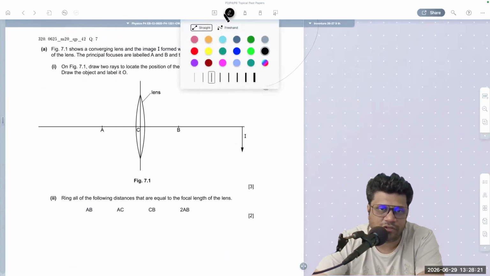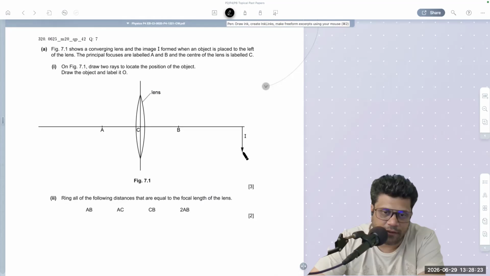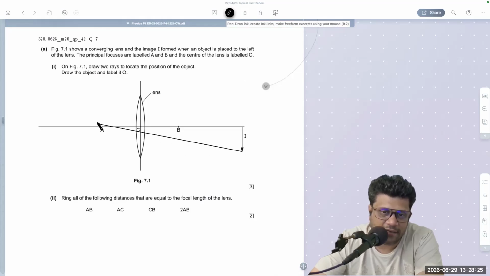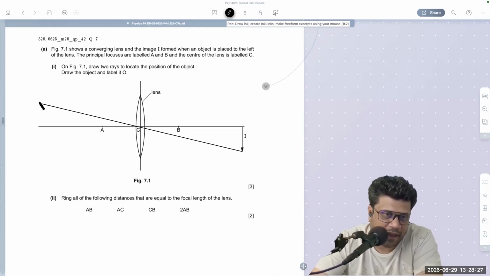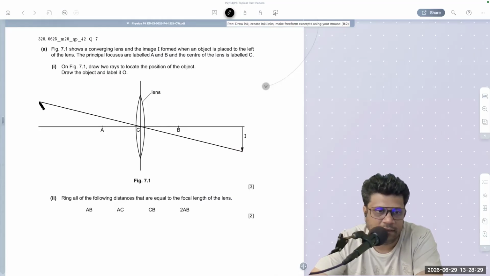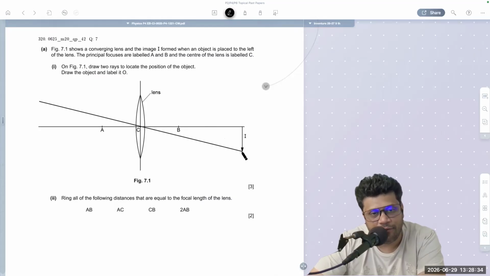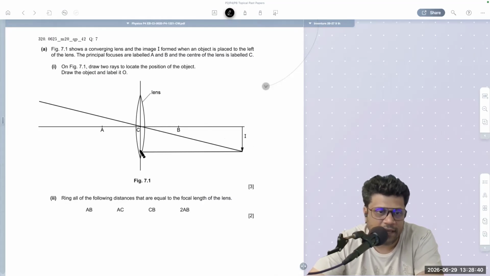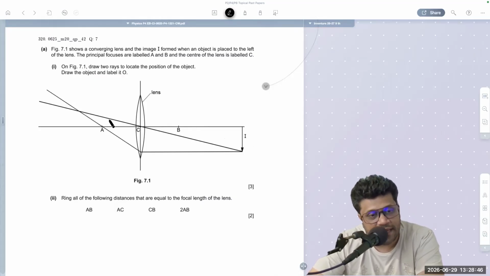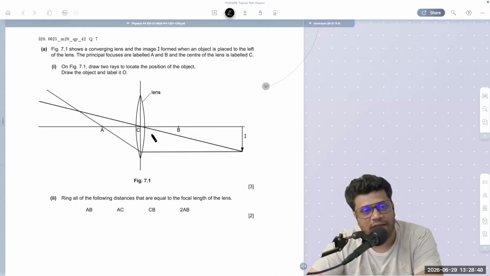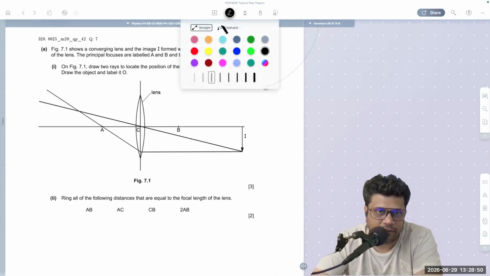One rule for sure: a ray of light must have reached the tip of the image if it has passed through the center of the lens without deviating at all. Another rule is a ray of light must have come out parallel to the principal axis if it has passed through the focus. These should have been the rays which created the image.